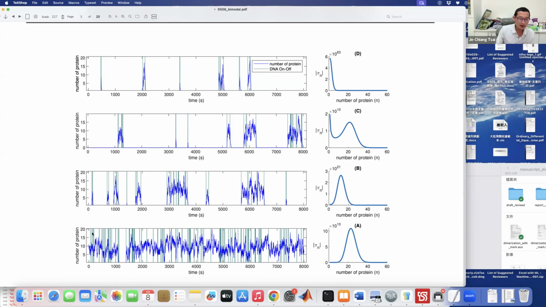Once the gene is in the on state, some protein is translated. Because the gene is always switching between closed and open, you can expect a unimodal distribution. So if you would like to have a bimodal distribution, you should be very careful to choose the parameters. The parameters should be in some moderate range to have such a bimodal distribution.